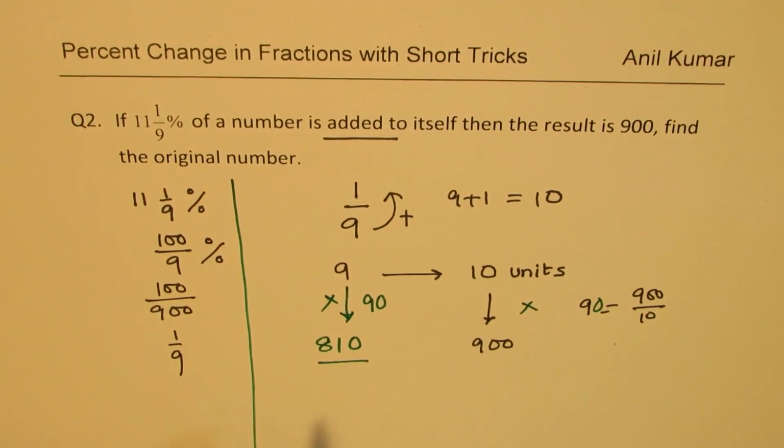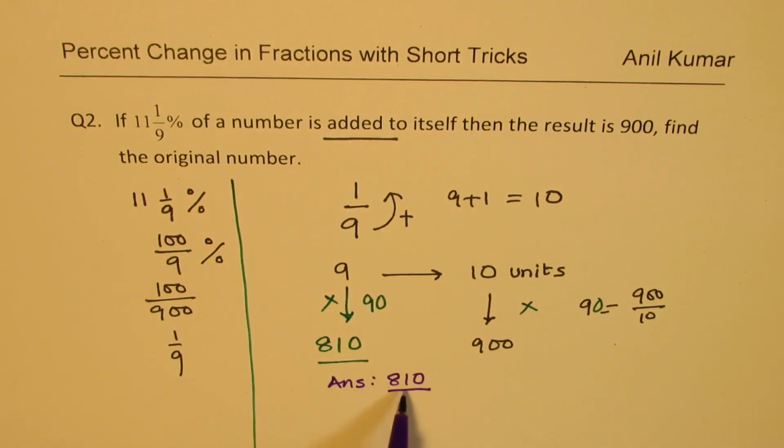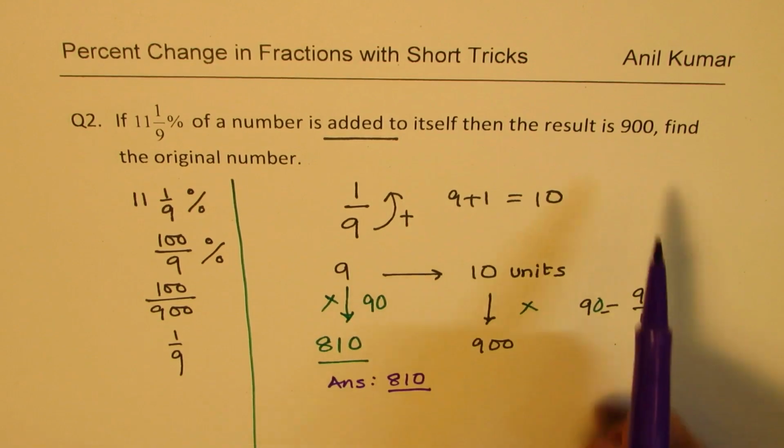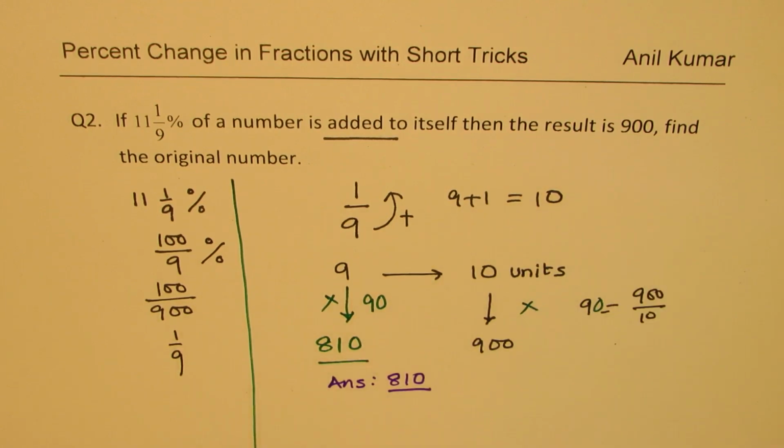So my original number is 810. You get the idea, right? When you increase this by 11 1 over 9%, it becomes 900. You can approximate: 10% is 81, that brings you closer to 900, correct? Does it make sense to you?